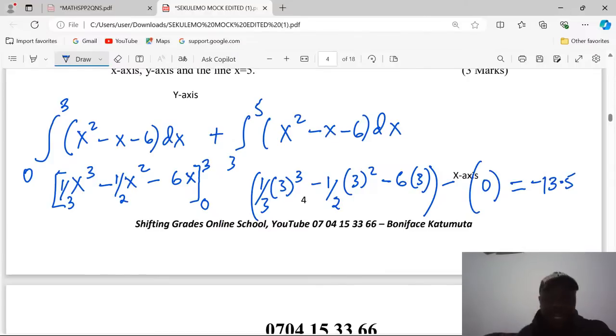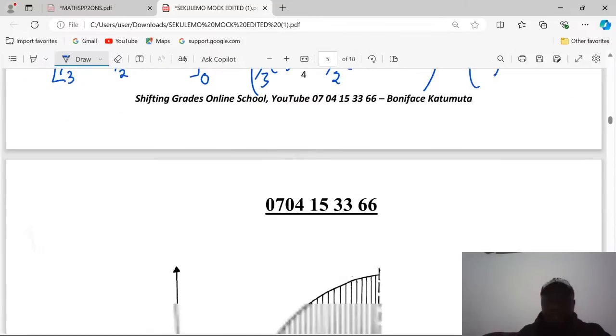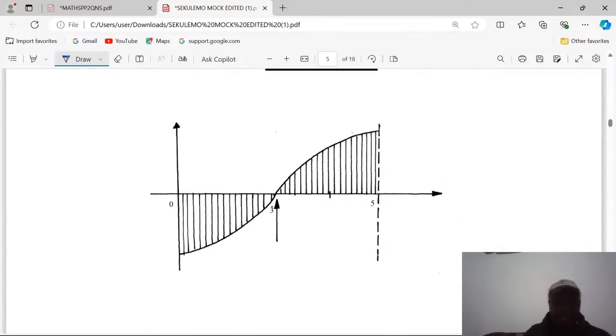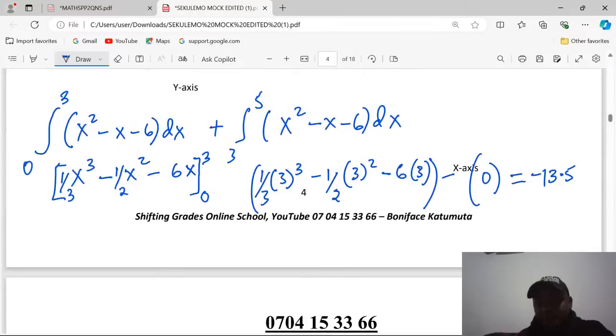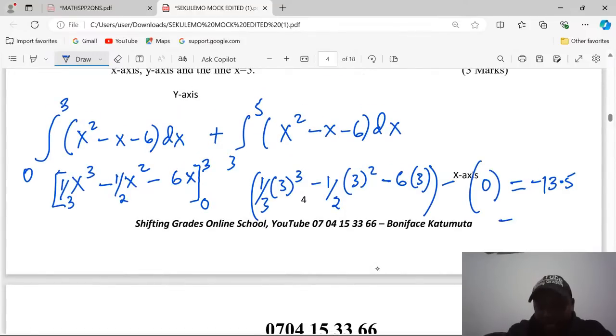Negative 13.5. The negative in this case means that the area is below the x-axis. Just a negative to show location of the area. But now the amount, the area itself, the magnitude is just 13.5 square units.